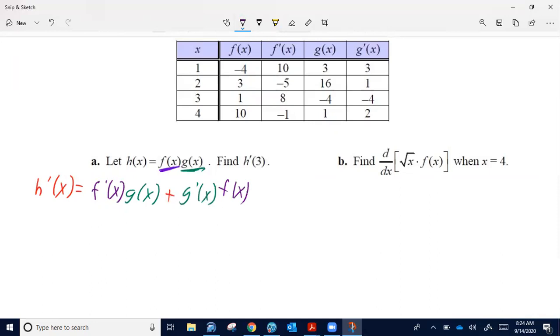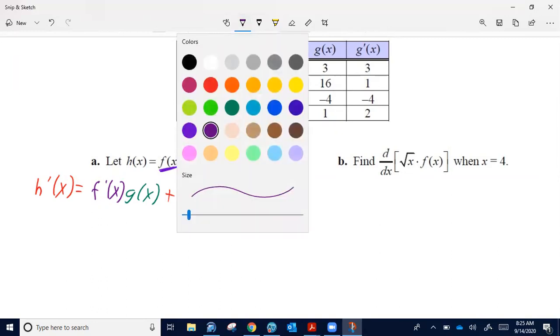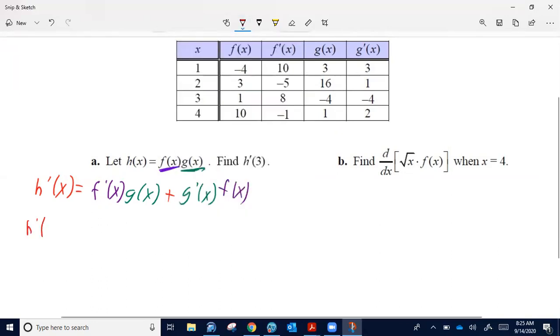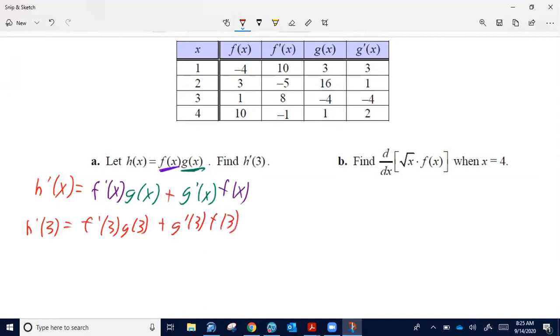First part derivative times second part, plus second part derivative times first part. From here, we can put 3 in for all the x's. H prime of 3 is f prime of 3, g of 3, plus g prime of 3, f of 3.